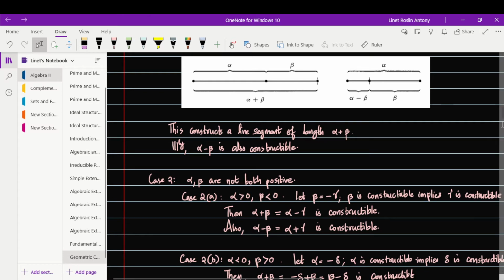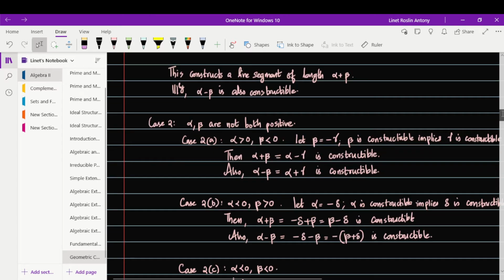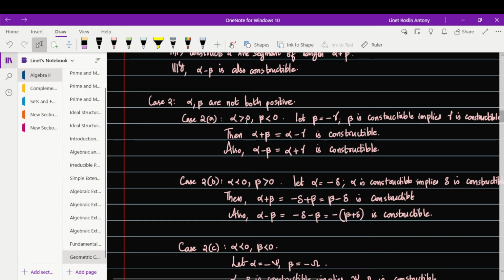Now case 2 is that alpha and beta, both of them are not positive. So case 2a will be alpha strictly greater than 0 and beta strictly less than 0. That means you can take beta equal to minus gamma, and since beta is constructible, that will imply minus beta is constructible, right? Because modulus of beta is being used there. So beta is constructible implies minus beta is constructible, which implies gamma is constructible.